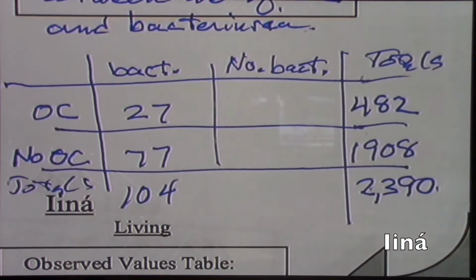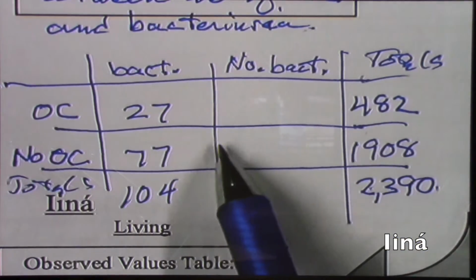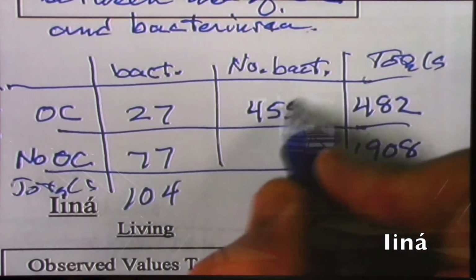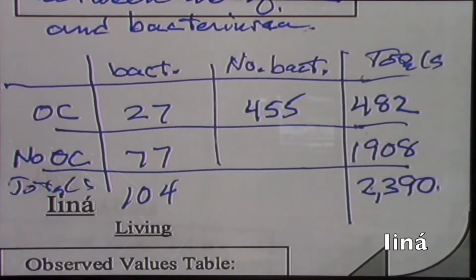Okay, so 482 here. 482 minus these 27 will give us 455. You can verify that with a calculator, do the additions, make sure it works.